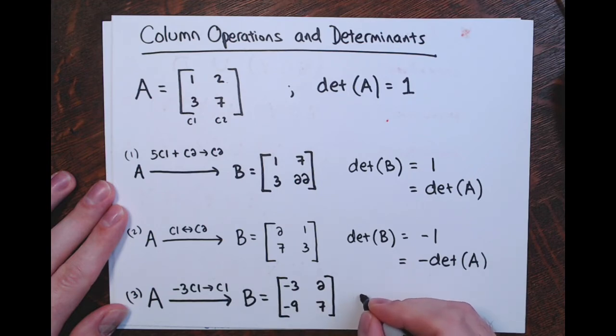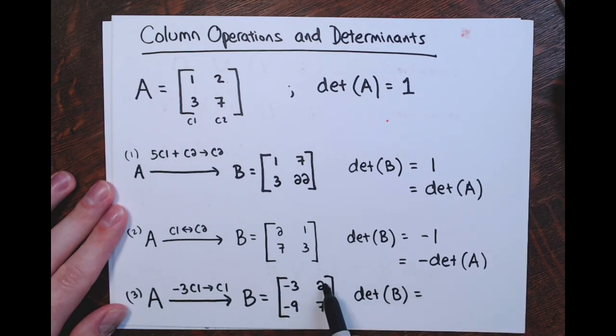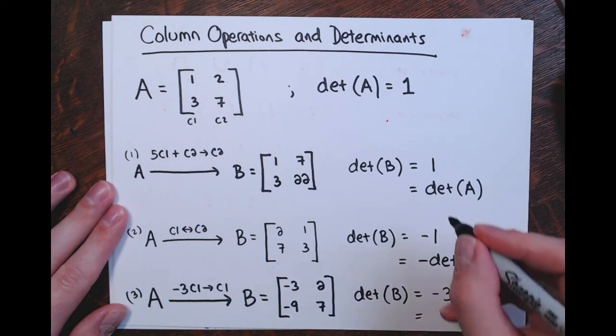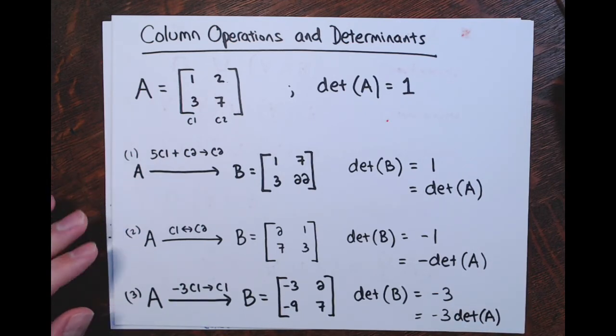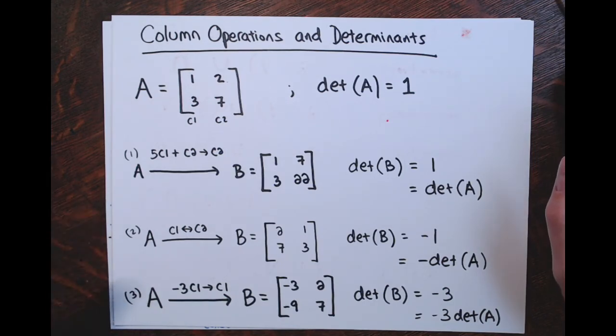And then I'm asking, what's the determinant of this new matrix? Well, that'd be -21 minus -18. So -21 plus 18, that's -3. And you see that that's just -3 times the determinant of the original matrix. Okay. So if I multiply a single column by a scalar, the old determinant gets multiplied by that scalar as well. Okay, so the same stuff applies for column operations as it did for row operations.